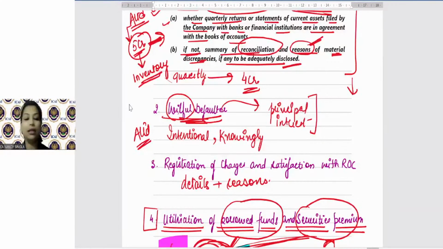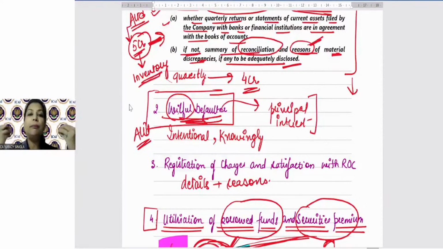ज्योति, आई विल रिपीट विलफुल डिफॉल्टर अगेन. देखो, अगर कोई कंपनी जो है, it is intentionally, knowingly not making any payment with respect to the repayment of the principal or payment of the interest, मतलब जानबूझकर, willful क्या होता है? Intentional, knowingly default कर रहा है.